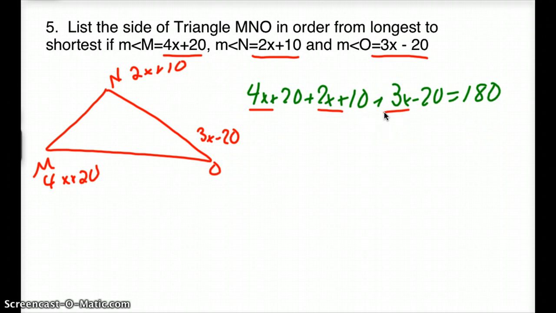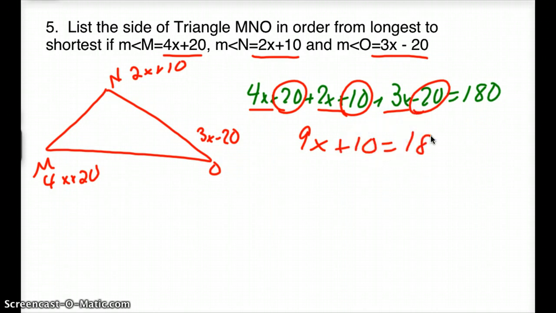That's going to give me 4 and 2 is 6 and 3 is 9x. 20 and 10 is 30 minus 20 is a positive 10. It's 180. Move my 10. I'm going to get 9x is 170. X equals, and when I divide that, I get 18 and 8/9.